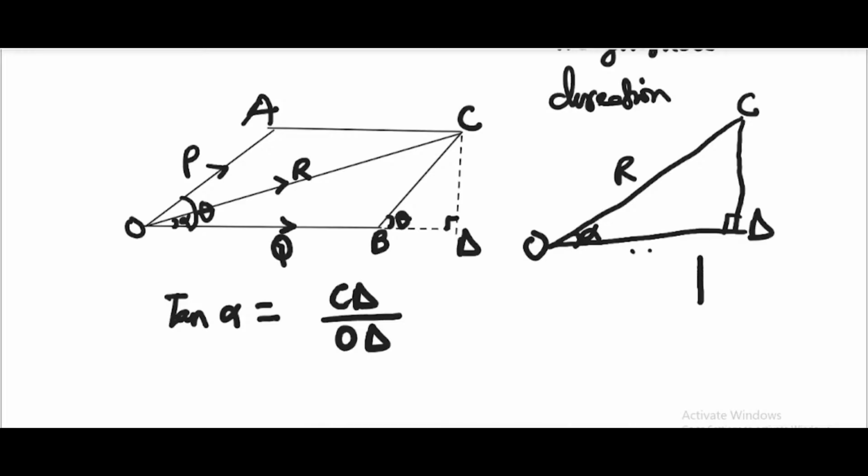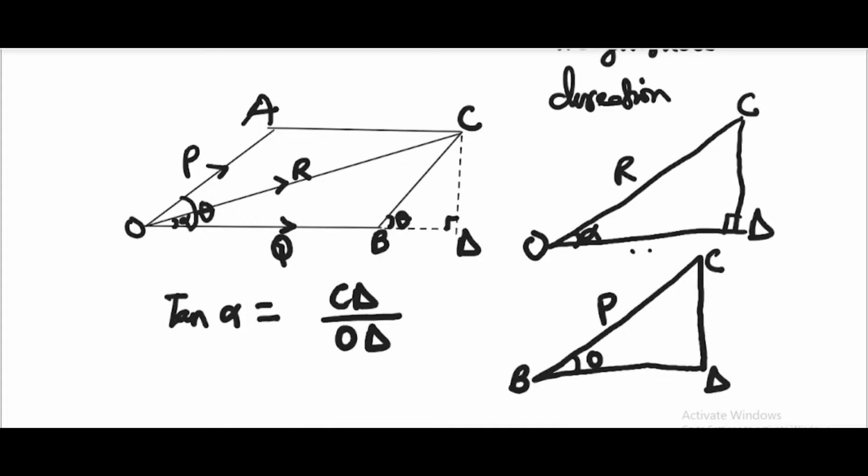If we pick triangle BCD, we'll have theta here, and we have our P here. Then we have B, D, and C. Since here is theta, if I want to find CD, you know that here is opposite and here is adjacent.